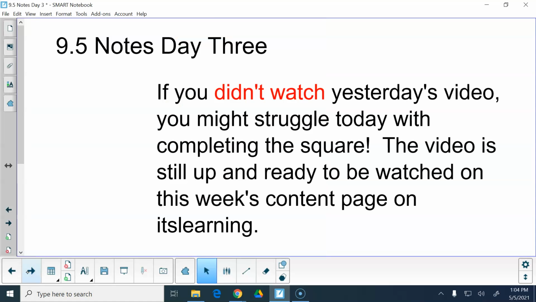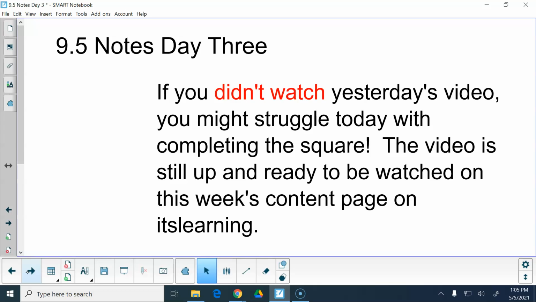Yeah. So we're going to start day 3 of the notes today. It's really the crux of what we wanted to do this week. So we're going to combine what we learned on Monday about how to identify what conics are what, along with the video that you were supposed to watch yesterday on completing the square, and we're going to go forward today. Okay?